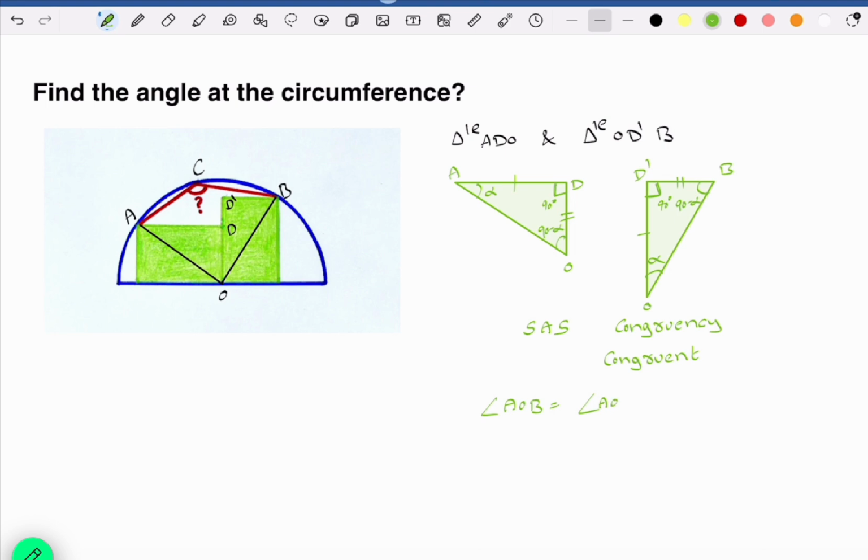Angle AOD plus angle D dash OB. From our congruent triangles, we can write AOD as 90 minus alpha plus D dash OB as alpha. So angle AOB is equal to 90 degrees. So the angle AOB, I am marking it as 90 degrees.